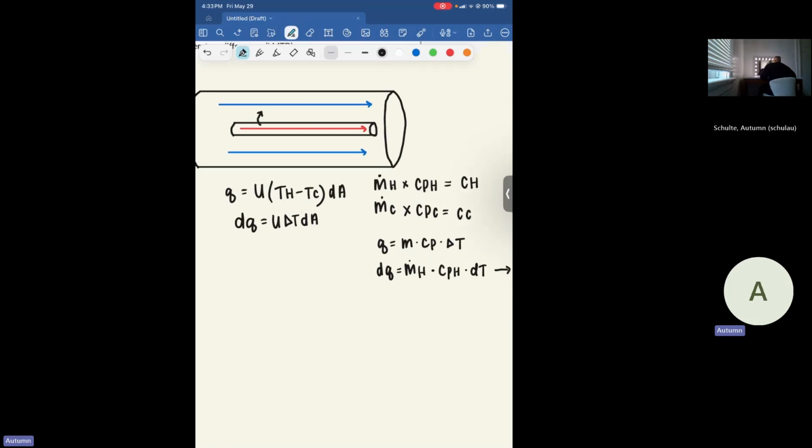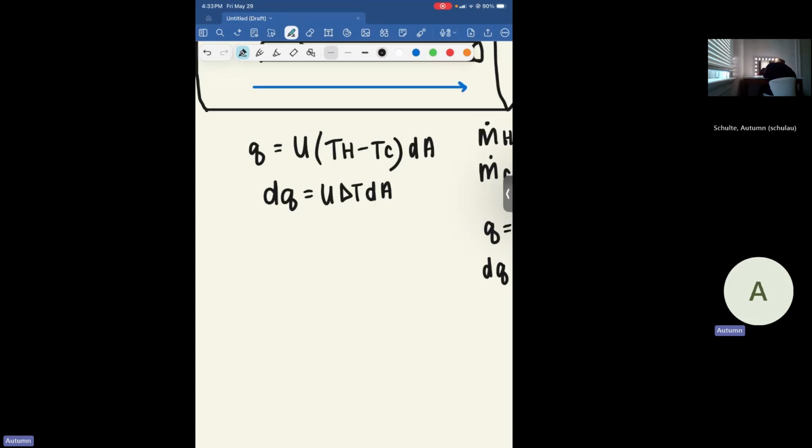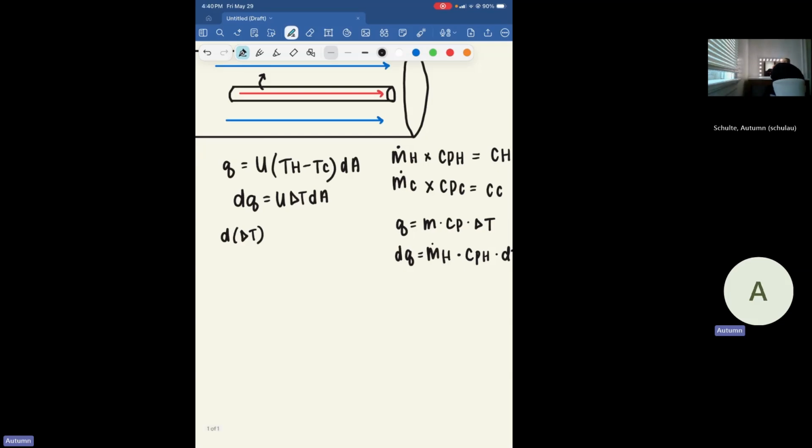And if we want to start thinking about what causes this heat transfer, like what is our driving force here? The driving force here is going to be this change in temperature. That change in temperature is driving this heat transfer. And that is equal to, of course, our hot temperature minus our cold temperature of those different hot and cold streams.